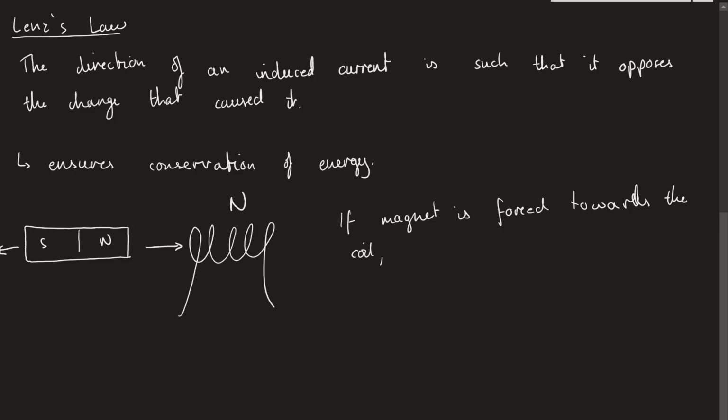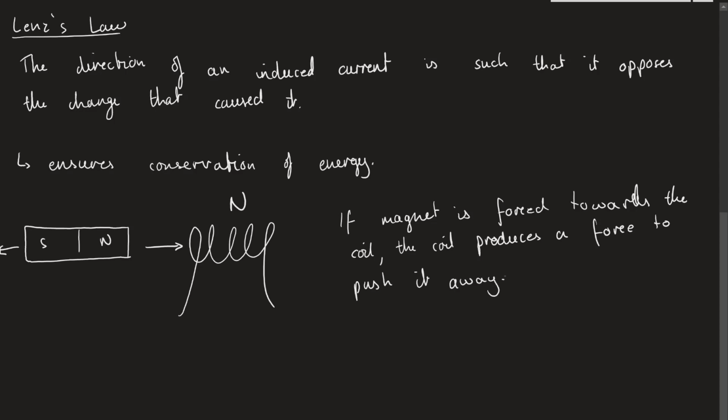Okay, so if the magnet is forced towards the coil, it produces a force to push it away. And this is an implication of Lenz's law.